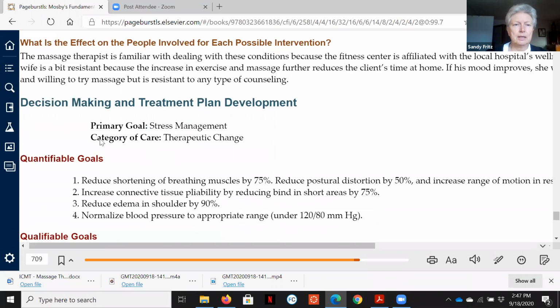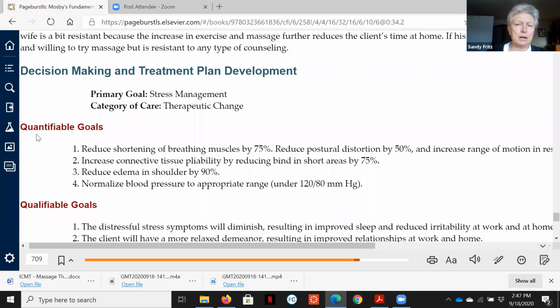So then what we want is to come up with the actual treatment plan. We've got a primary goal, stress management. We've got a category of care here, which is therapeutic change. So this means that we're expecting progress. And here's what we are going to try to measure.